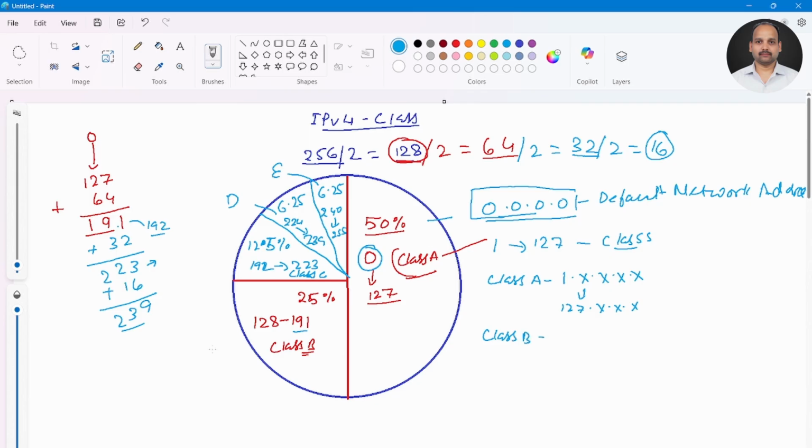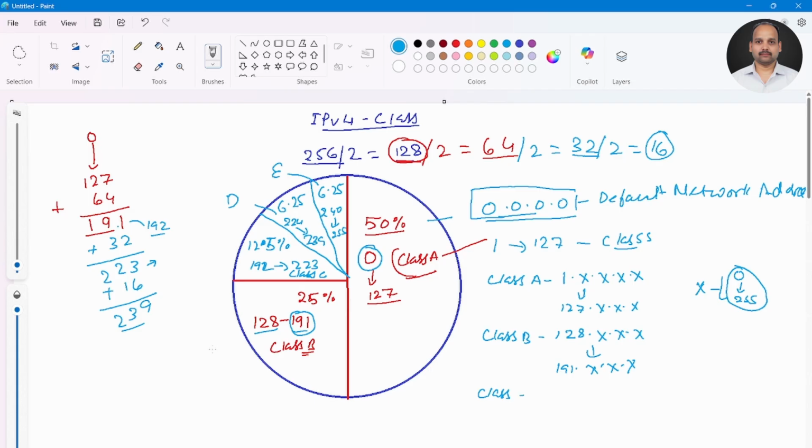Your first octet will start from 128.x.x.x and go till 191.x.x.x. X means it can be from 0 to 255. Any value can be in between.